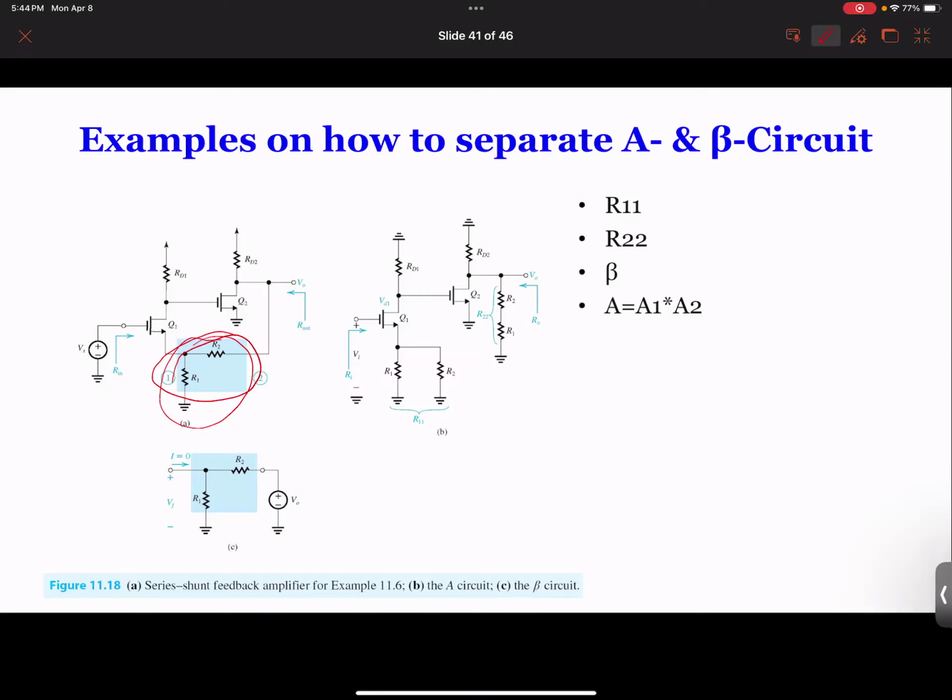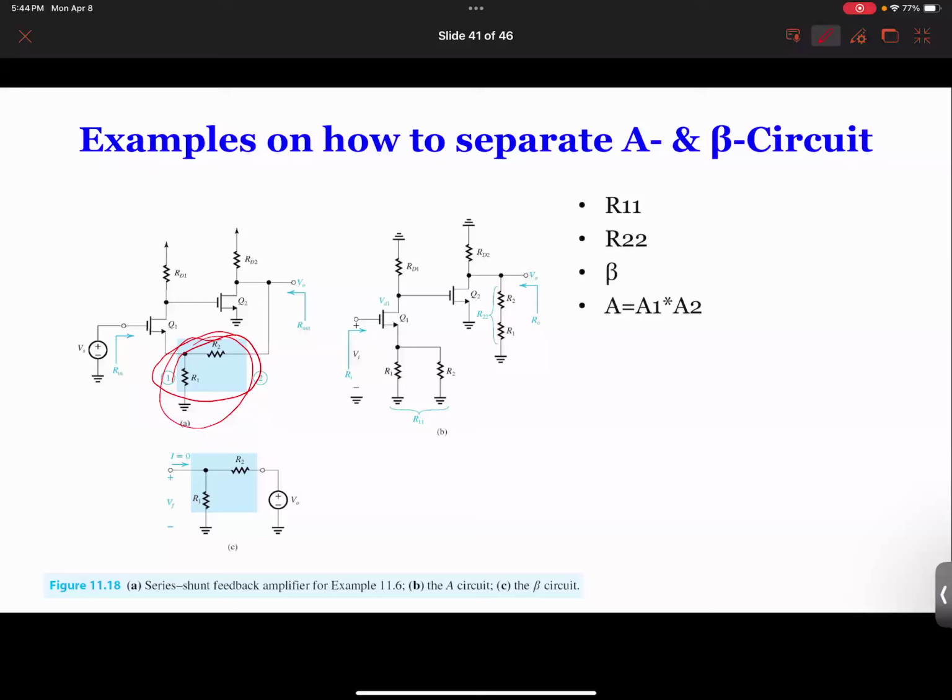It's actually very tedious too. By breaking the beta circuit, it makes life really easy, because here you get beta, which is the ratio R2 over R1 plus R2, and you have R11 on the input side and R22 on the output side.